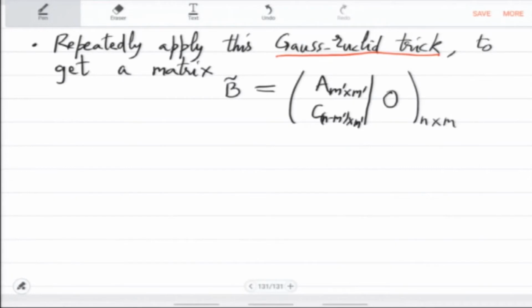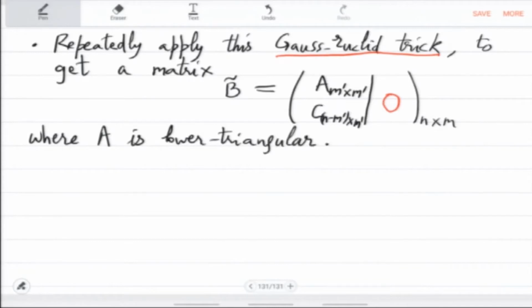So we have 0 in the end, and the matrix A is a square matrix which is actually lower triangular. And most importantly, the lattice remains unchanged.